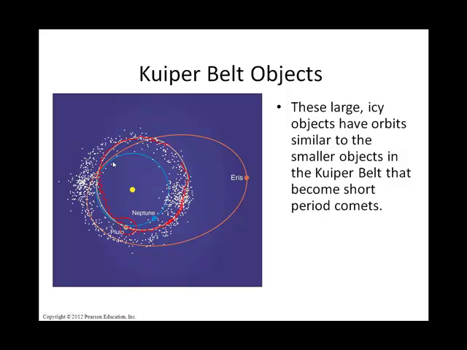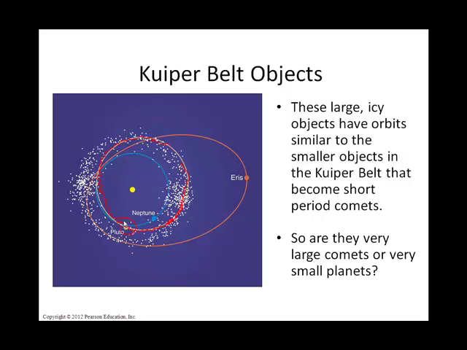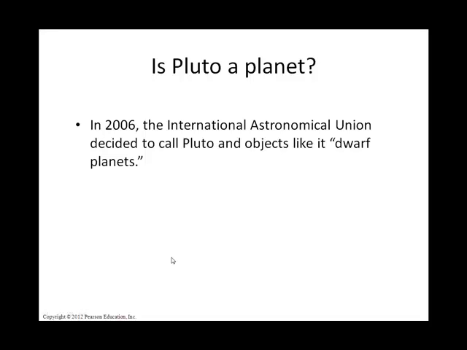And Eris obviously has not cleared its orbit. Both Eris and Pluto are much more like comets, these icy, rocky objects, than they are like even the terrestrial planets, let alone the gaseous planets, ending with Neptune. So a year later, we're kicking this around: do we now have a 10th planet, Eris, or do we redefine what a planet is?